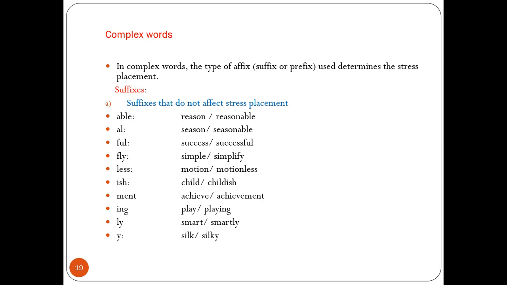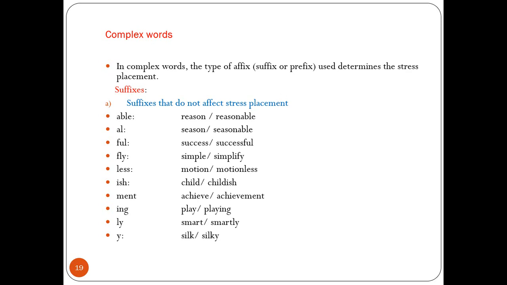So nothing happens there. This able as a suffix does not change the stress placement. Is this clear? I hope it's clear. Then we have got, for example, season: the first syllable is stressed, and in seasonable, the first has got stress.